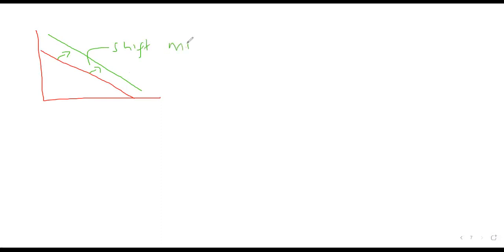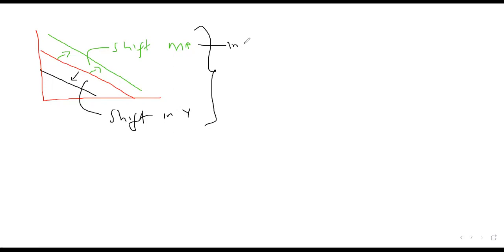Income. If your income reduces, there'll be a shrinkage. It will shift inwards. So this is because of a reduction in your income. Income is denoted by M, Y, or I. So this is increase in income, and this is decrease in income. Are we together?